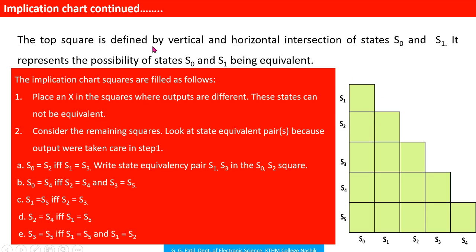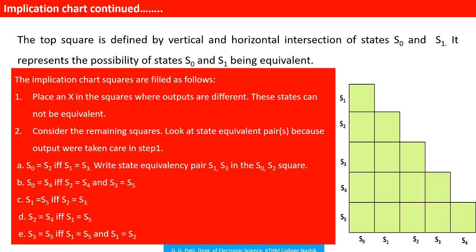The top square is identified by the vertical and horizontal intersection of states S0 and S1. It represents the possibility of states S0 and S1 being equivalent. Here, this top square represents the state spaces S0 and S1, and states S0 and S1 may be equivalent.